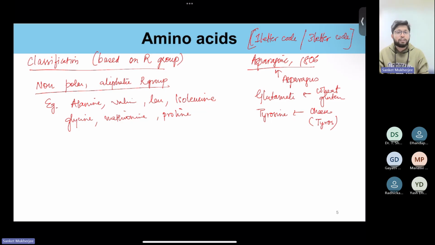These are non-polar aliphatic R groups. There could be aromatic R groups as well. The examples would be phenylalanine, tyrosine, and tryptophan.